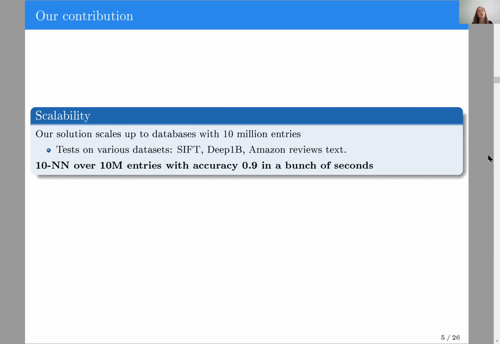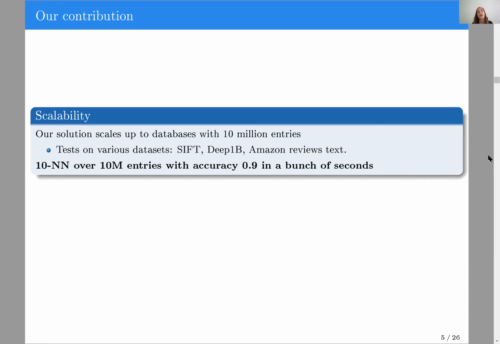As I said, our goal was to find a solution that was scalable to large datasets, and we show with our experiments that we are able to treat the nearest neighbor problem. In particular, we do experiments for a 10 nearest neighbor search with datasets that contain up to 10 million entries. We chose three well-known datasets: SIFT, Deep1B, and the Amazon Review Text dataset.